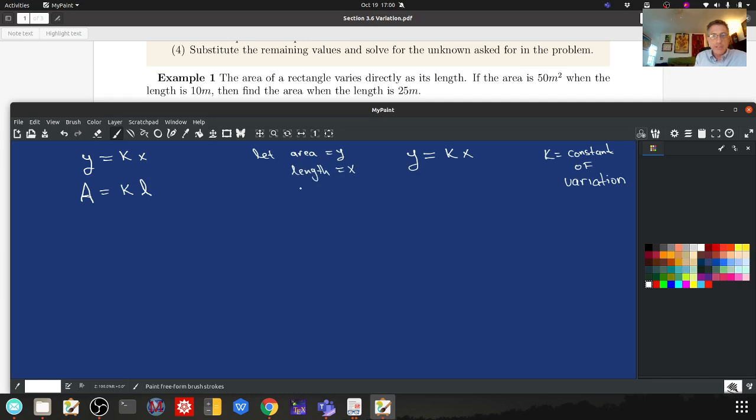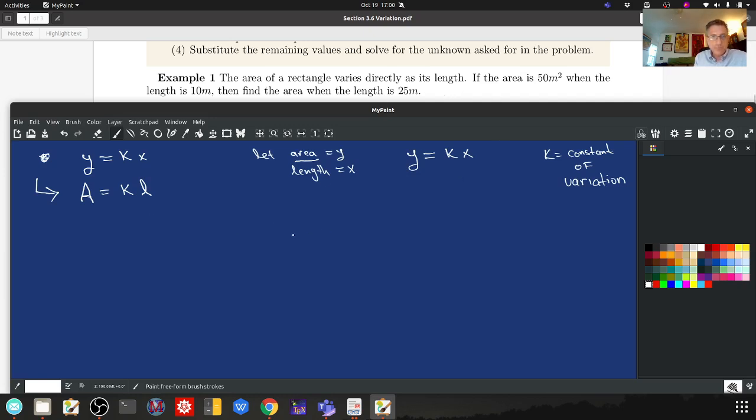So sometimes you can just come over here and say, let area equal y and length equal x, or you can replace the y and the x in our kind of guiding formula with another variable of your choosing that stands for something that reminds you of what it is. A capital A for area, a small l for length.